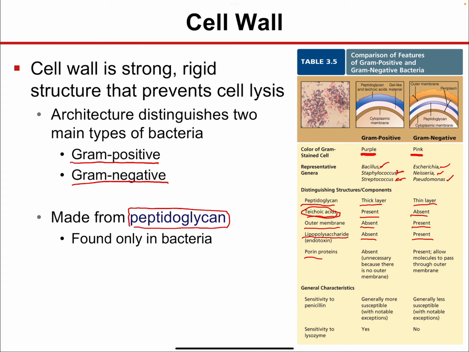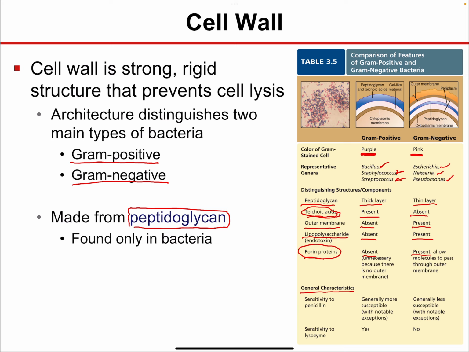The porin proteins that selectively allow some chemicals in and out are absent in gram-positive, while they are present in gram-negative, because these porin proteins sit within the outer membrane of gram-negative, right?